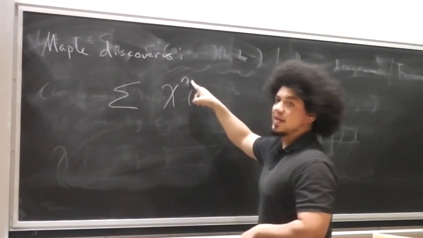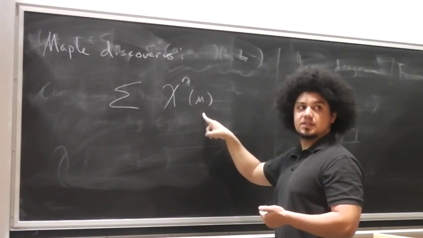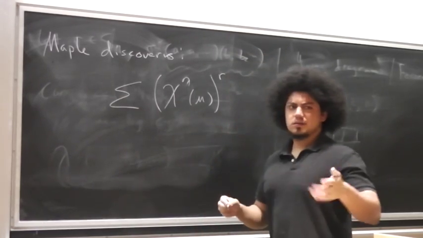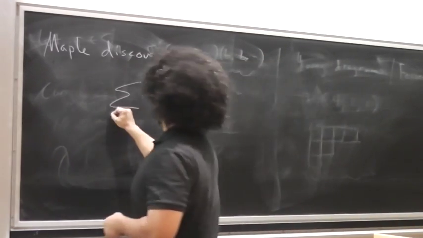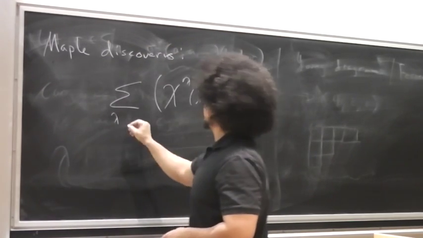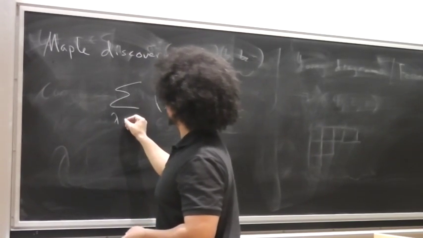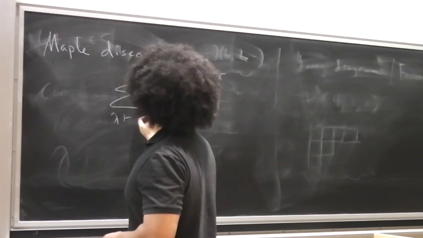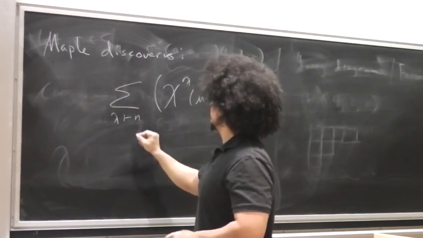All right. So this may be a multi-partition, as will be this. And then we'll raise it to some power r. But we'll keep mu fixed, and we'll let lambda vary. We could do it the other way as well. And this will be a partition, let's say, of n.